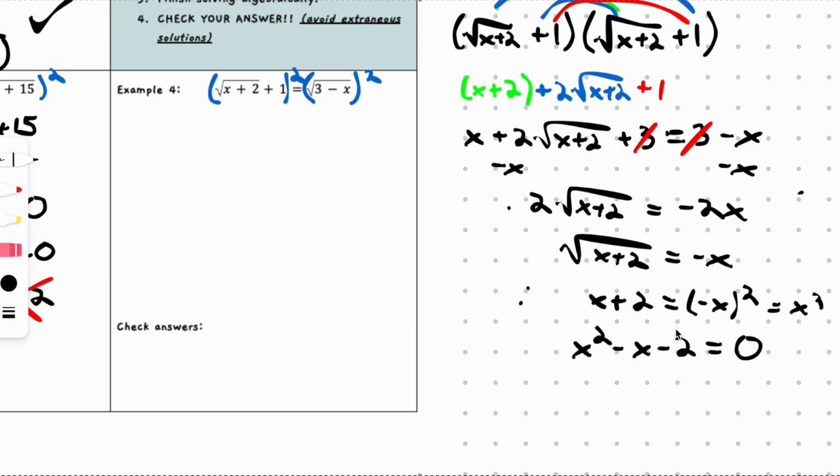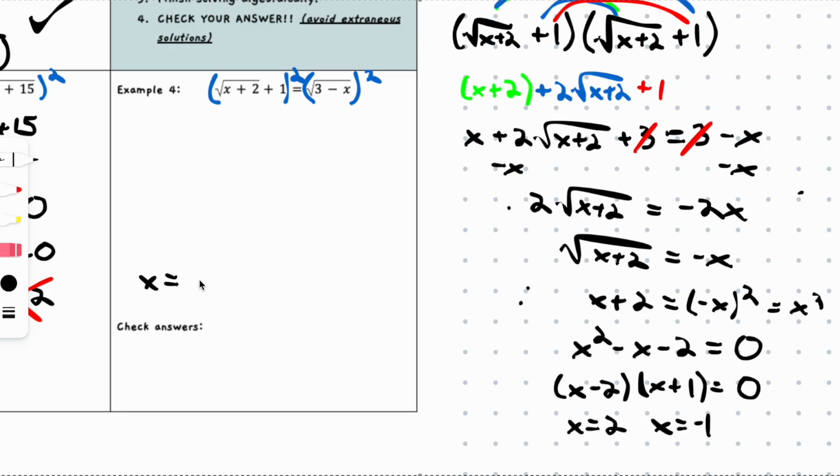We factor this. What are two numbers that multiply to negative 2, add to negative 1? Negative 2 and positive 1. So we do x minus 2, x plus 1 equals 0. This means x is either equal to 2 or equal to negative 1.